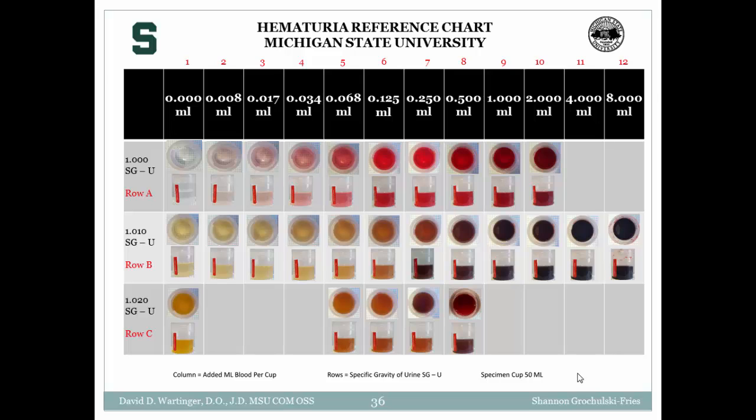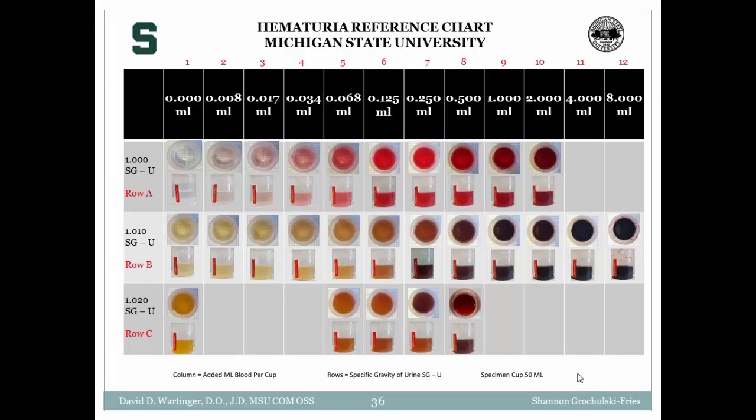Row A of the hematuria reference chart, HRC, includes hematuria specimens made from dilute, specific gravity 1.000 urine, and the no blood added urine specimen occupies space row A, column 1 on the HRC. Row B includes hematuria specimens from the unrestricted access to fluids, specific gravity 1.010 urine, and the no blood added urine specimen occupies space row B, column 1.